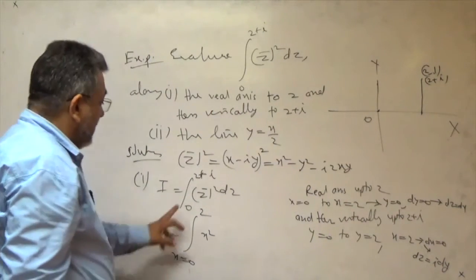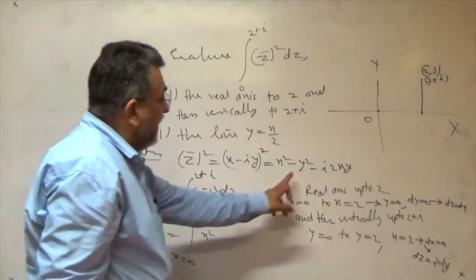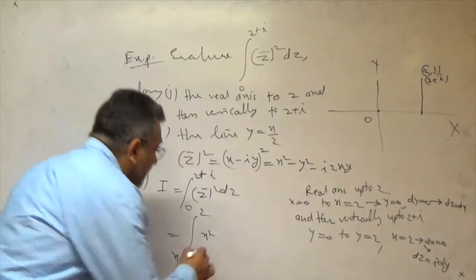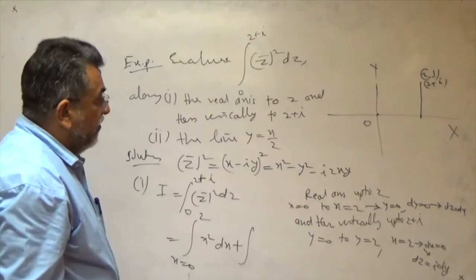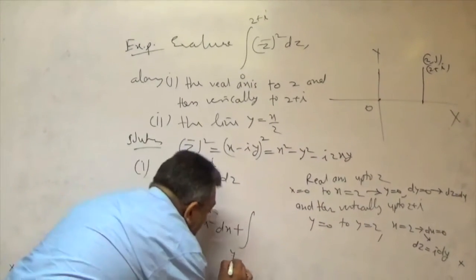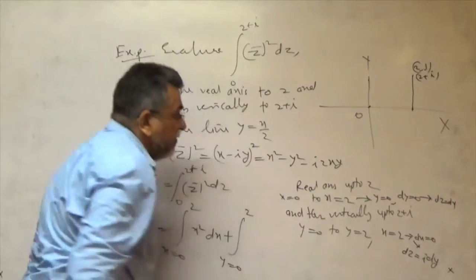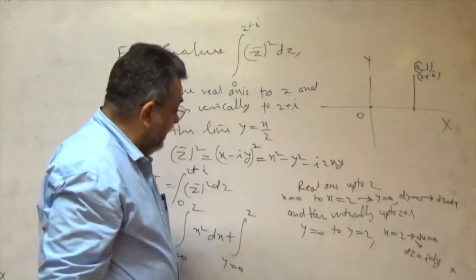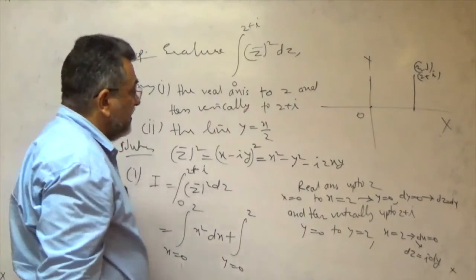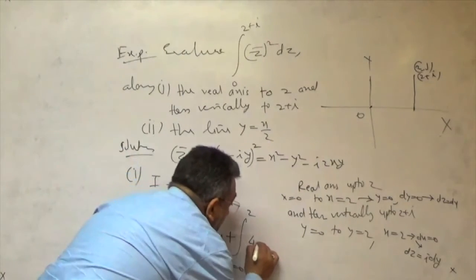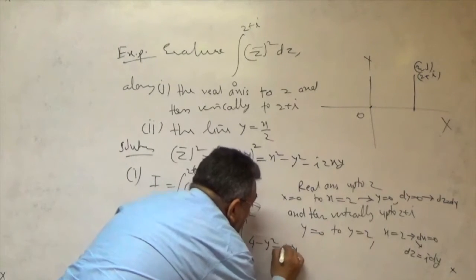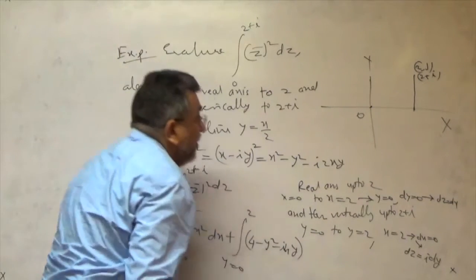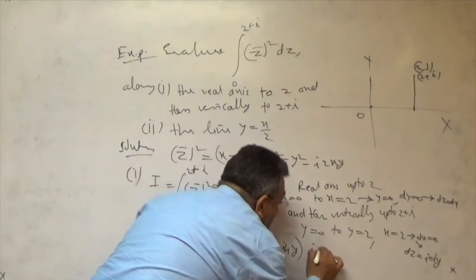So in the first case z bar square is only x square because y is 0, and dz = dx. Then vertically, along the line x = 2 with y from 0 to 1, z bar square is 4 minus y square minus 4yi, and dz is i times dy.